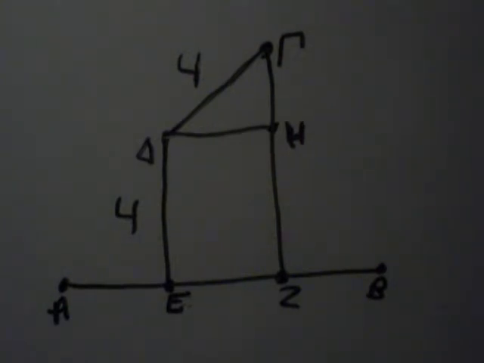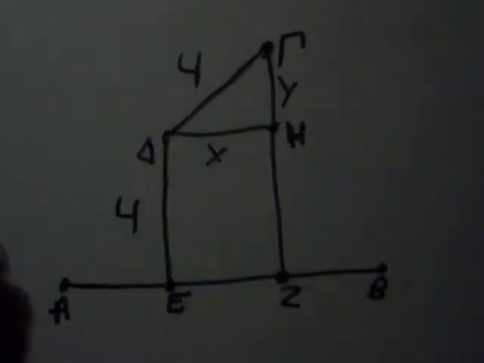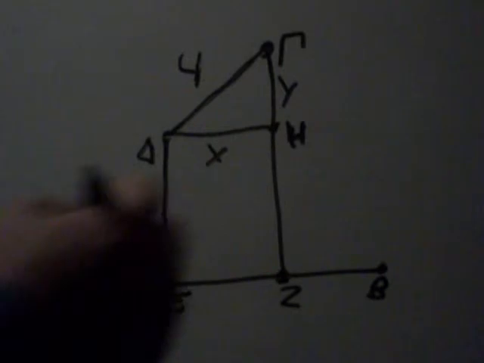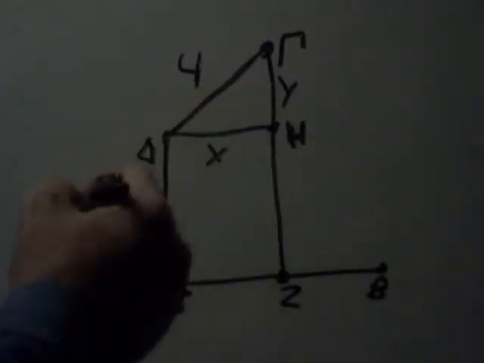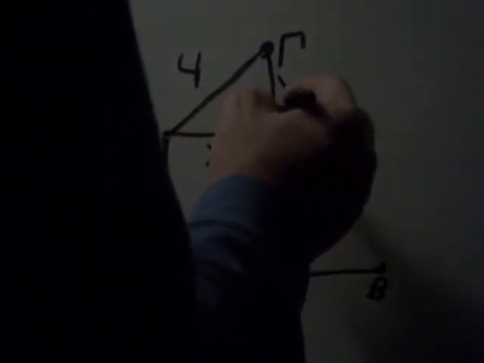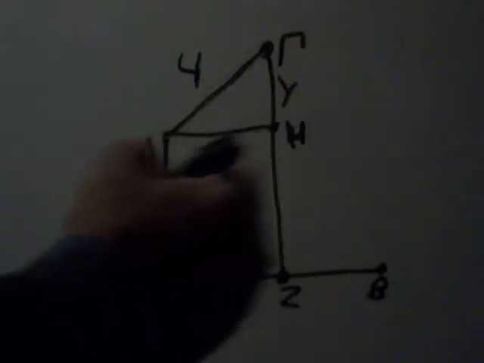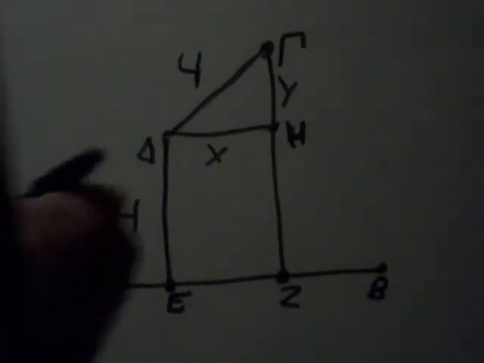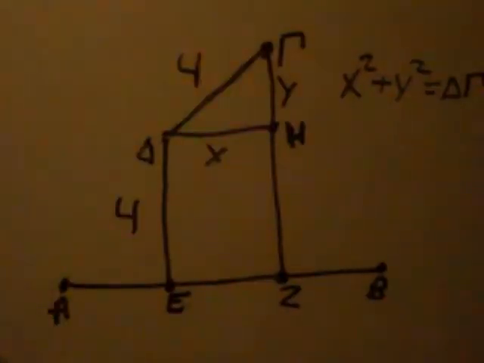Now here we go. What we're going to do is say that the lengths of these are X and Y. We're going to say that the length of delta H is X and the length of HC is Y. So X squared plus Y squared equals delta C squared.